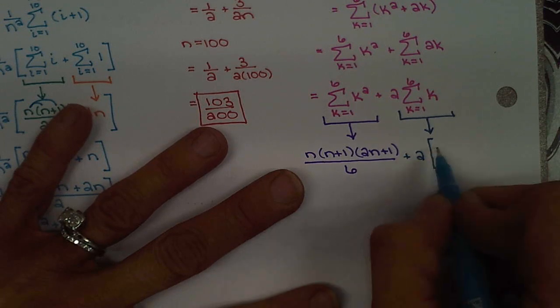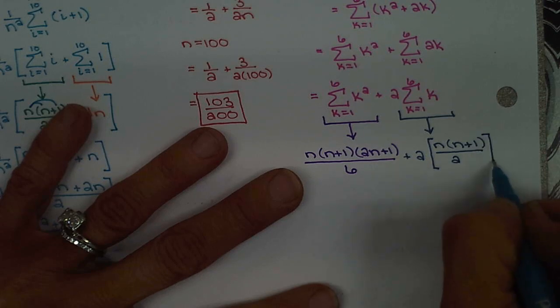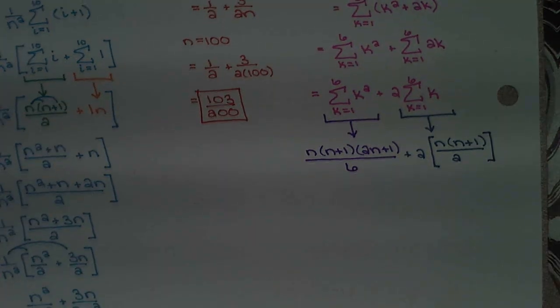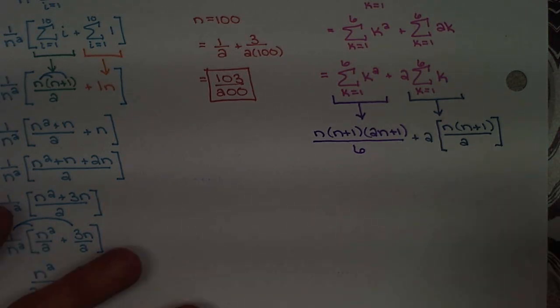So this is n times n plus 1 all over 2. And again, at this point, we could just plug in that n equals 6 because that's our upper limit. But instead, what we're going to do is go through and do our simplifying. That way we have a formula should that 6 ever change to any other type of number.